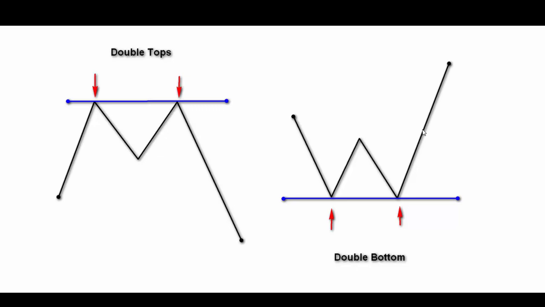So how can you identify a double top and a double bottom pattern? In order to trade double top or double bottom patterns, the following rules must be kept in mind. So a double top pattern requires, as the number one rule, that price rallies to a previous resistance, but it fails to break it out.